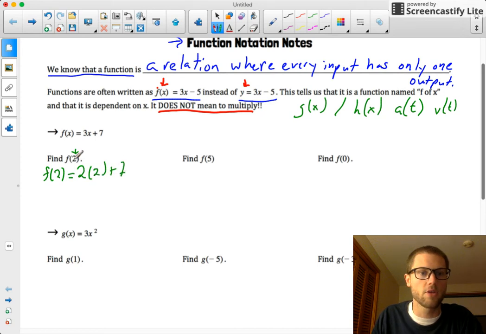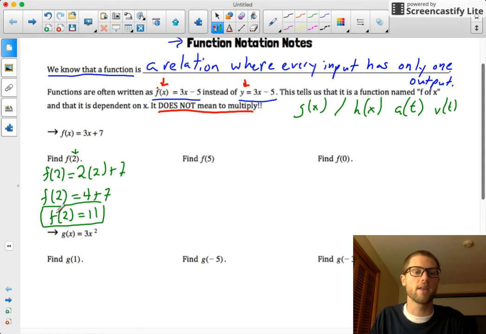So all I need to do is plug a 2 into my x position and evaluate. So f of 2 is going to equal 4 plus 7. And that means that f of 2 equals 11. So what this literally means is that in my function f, if I input a 2, I output an 11.